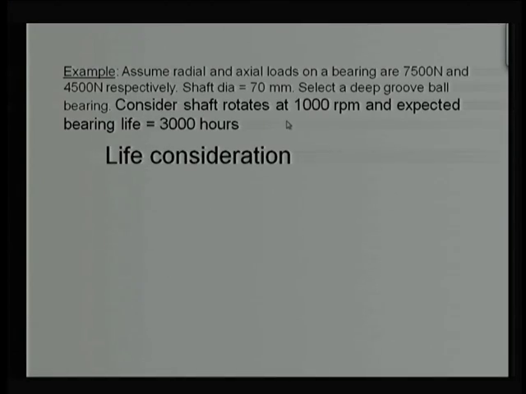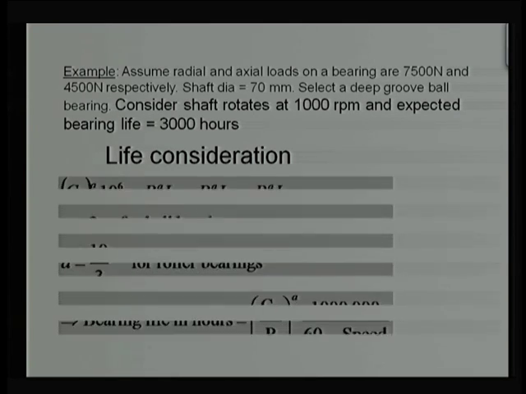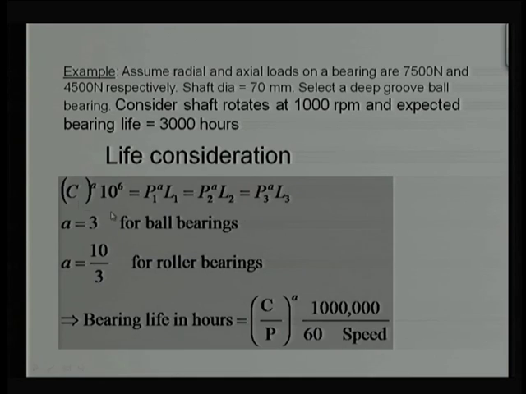So when we add these parameters, we need to consider the life equation, which was derived in previous lectures, and that is equivalent to this equation. We say that this C is the dynamic load carrying capacity. That means the bearing can survive for 10⁶ cycles for this kind of load. And A is decided based on whether the geometry is ball geometry or roller geometry.